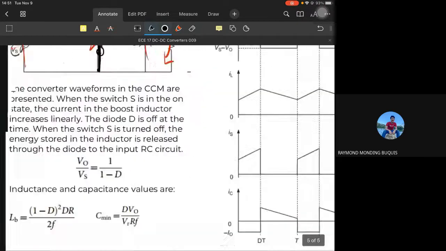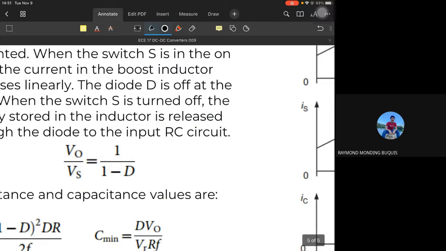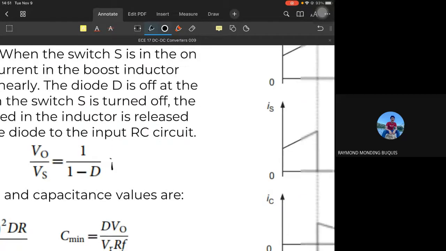For the boost converter, the formula multiplies the input. If I rewrite this, it is equal to Vo equals 1 over 1 minus D, times Vs.